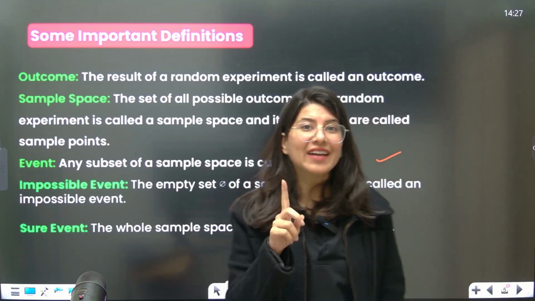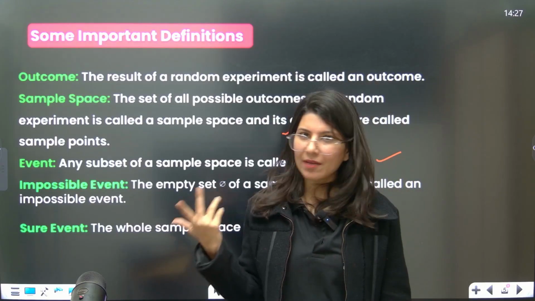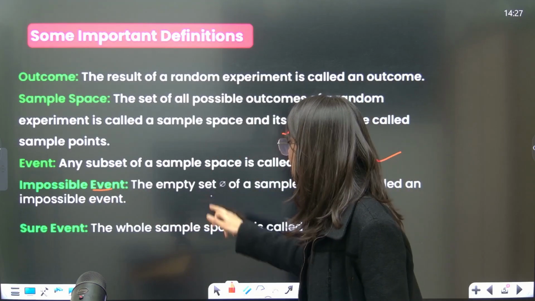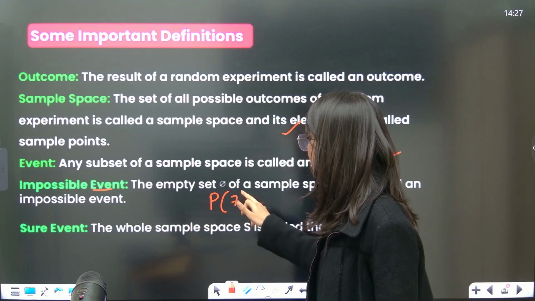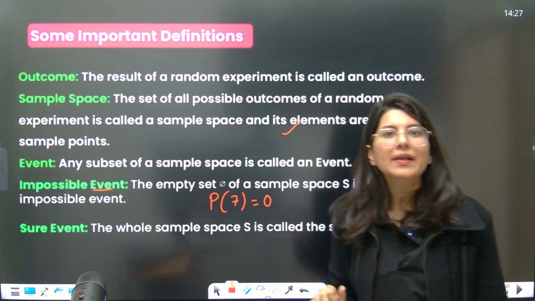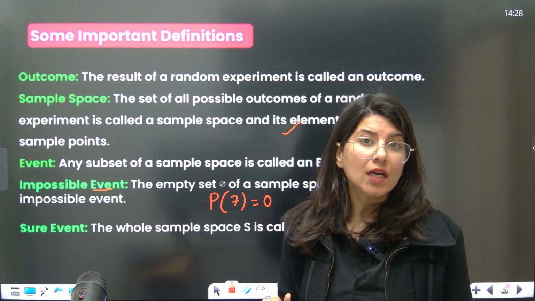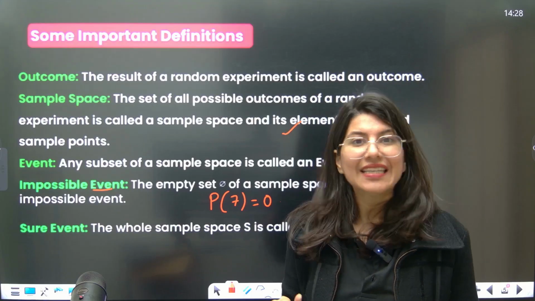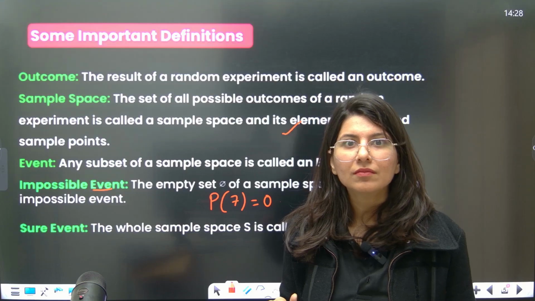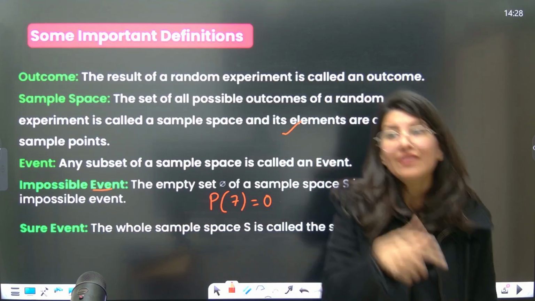Impossible event. Now I told you, getting a 7 on a throw of a dice. So you'll be like, ma'am, what? Yes, it is an impossible event. Probability of getting a 7 will be 0 because it is an impossible event. Probability of getting a number which is either 1 or 2 or 3 or 4 or 5 or 6, or you can say probability of getting a number which is either even or odd.